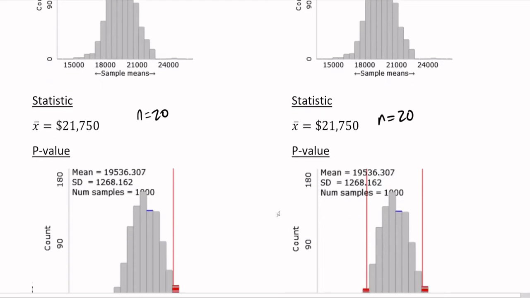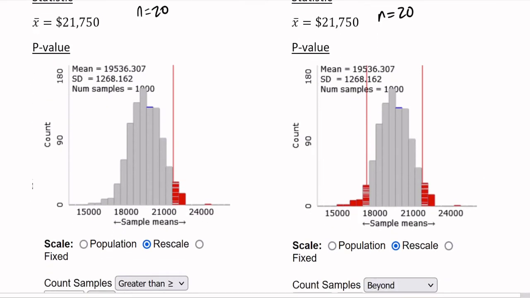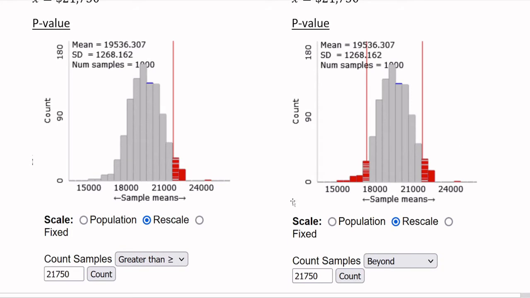And so here's how the p-value looks. And what you'll notice is a difference between the p-values here. Notice I have the same statistic, 21,750 for both of these. It's right about here, right about here. But this, remember, is a one-sided test, which means I only care about samples that are greater than.